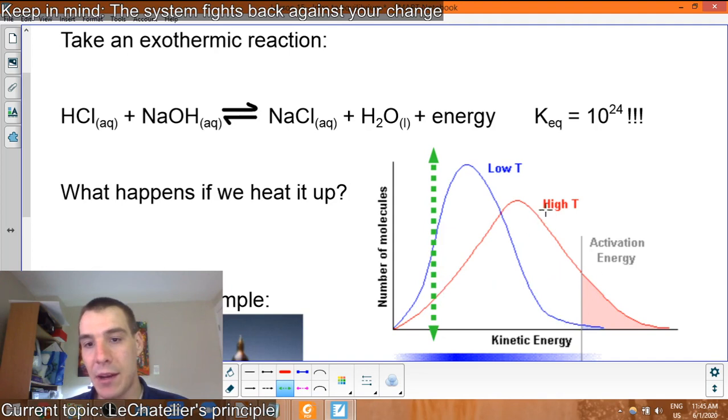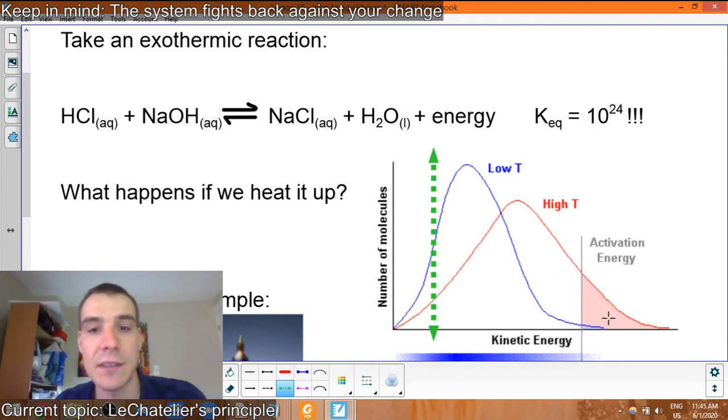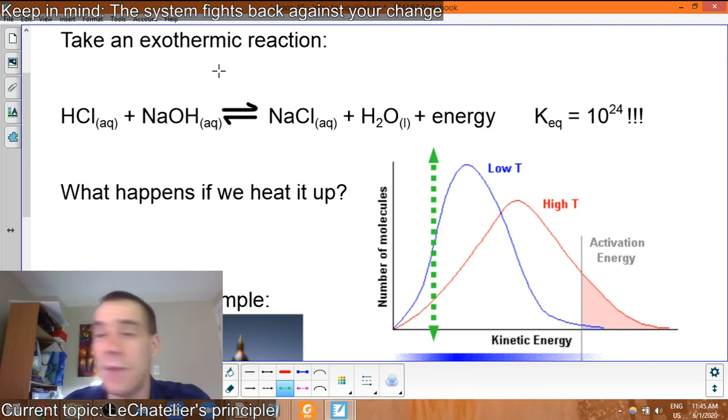But when we make it hotter, at the higher temperature, you get way more favoring of that reverse rate than you do of the forward rate. The forward rate also increases, but the reverse rate increases much more because you're affecting this end of the tail, this end of the distribution. So basically, Le Chatelier's principle still applies. If you take an exothermic reaction and you heat it up, the side that speeds up is the one that's endothermic.